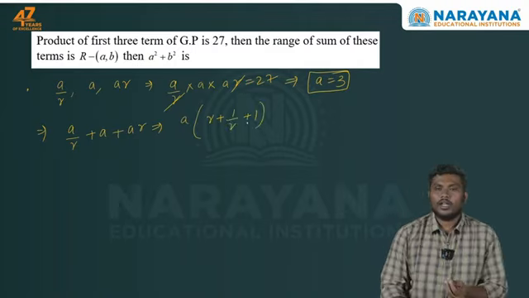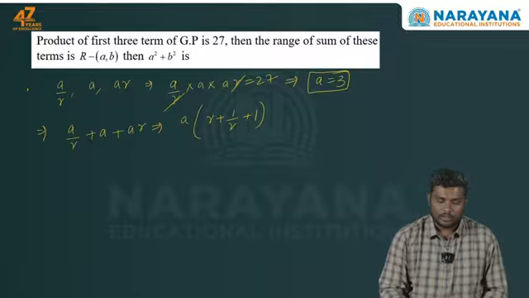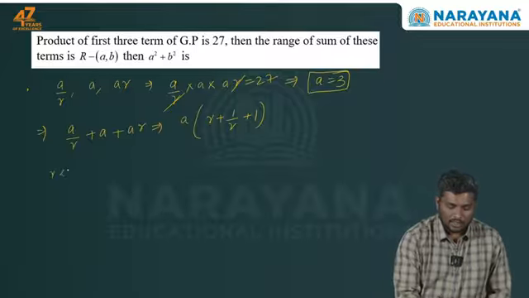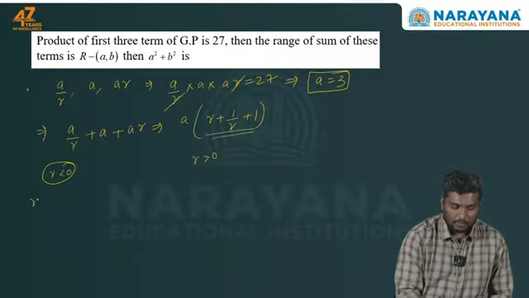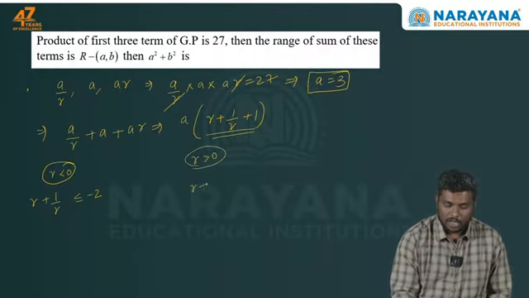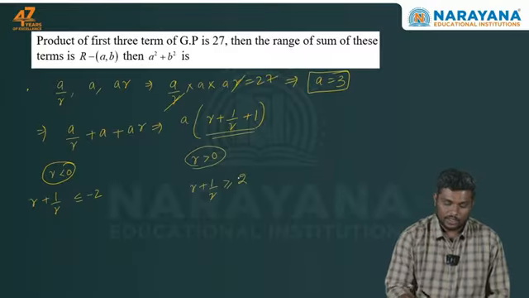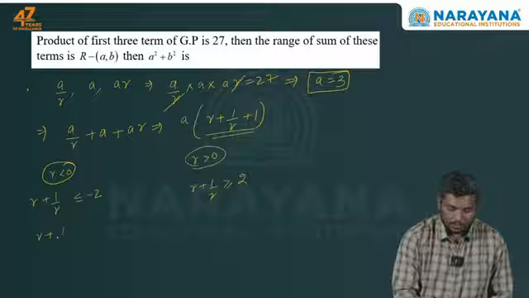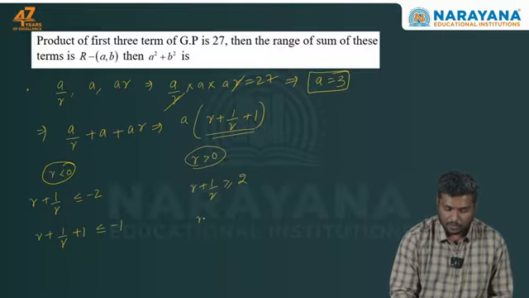Okay, guys, you can use simple AM-GM to do this question. If r is negative, r plus 1 by r will always be less than or equal to minus 2, and if r is positive, r plus 1 by r is always greater than or equal to 2. In both cases, r plus 1 by r plus 1 is less than or equal to minus 1, or r plus 1 by r plus 1 is greater than or equal to 3.